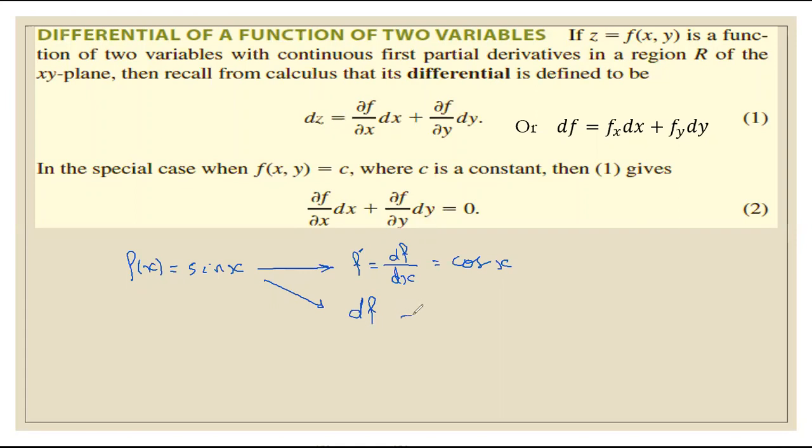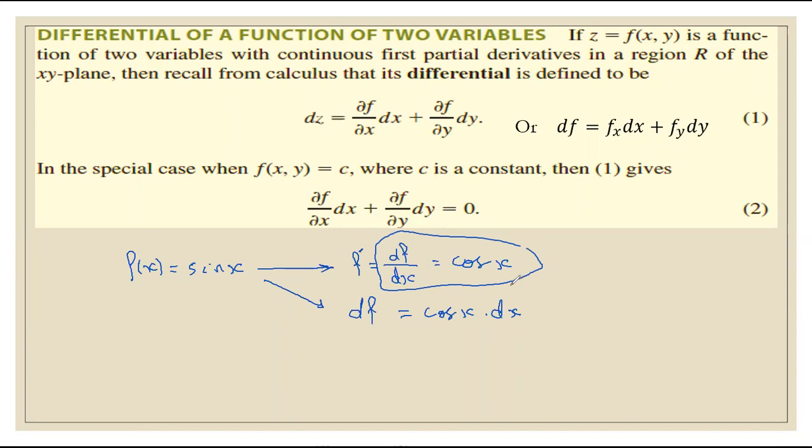And how can I find the differential of sine x? It's very easy. It is the same as the differentiation, so it is cosine x, and I should multiply it by dx. So it's very similar to this, but multiply both sides by dx to get df.